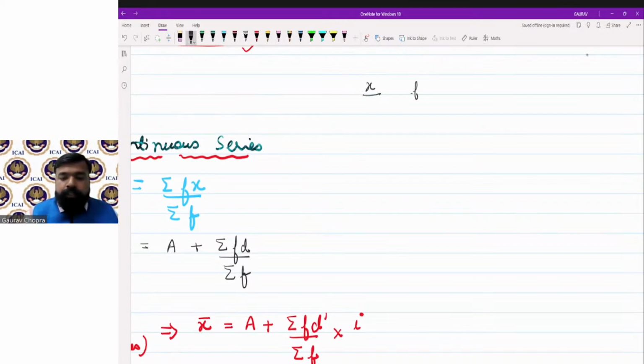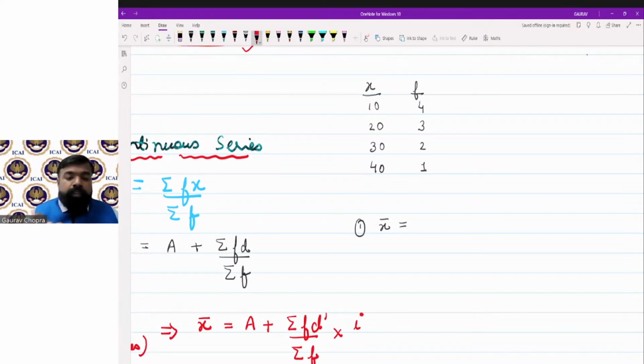X and f is given. Let's take 10, 20, 30, and 40. Frequency is 4, 3, 2, 1. Now, according to direct method, what we have to do?